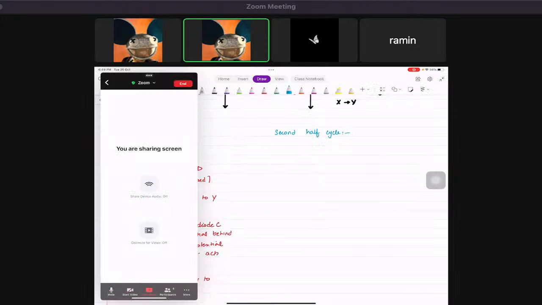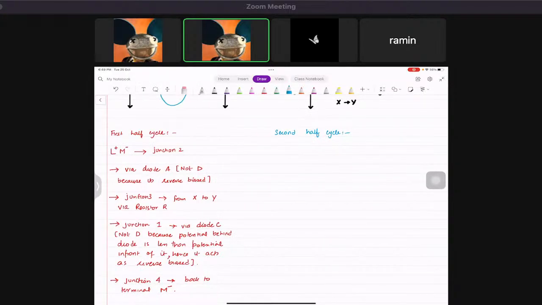Second half cycle is when the current switches.